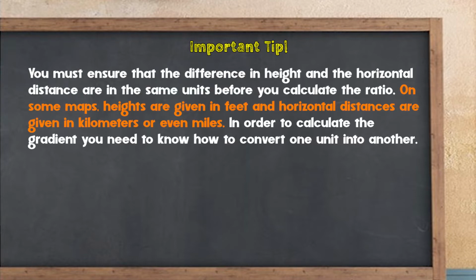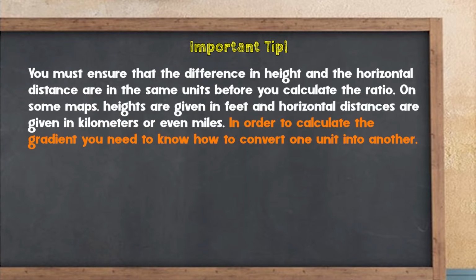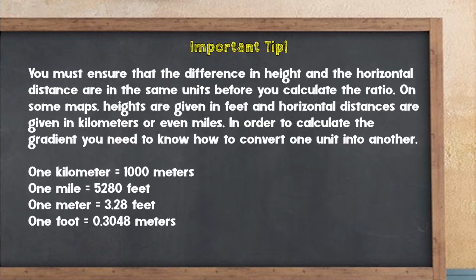On some maps, the heights are given in feet and horizontal distances are given in kilometers or even miles. In order to calculate the gradient, you need to know how to convert one unit into another. Let's have a look on screen to see this information. If I were you, I would take a picture if you don't have this information.